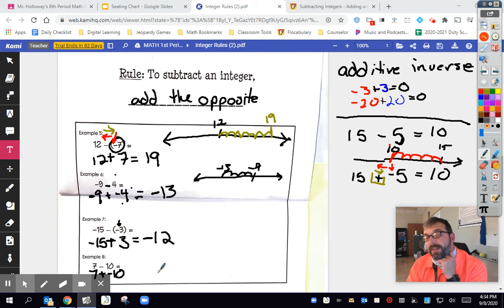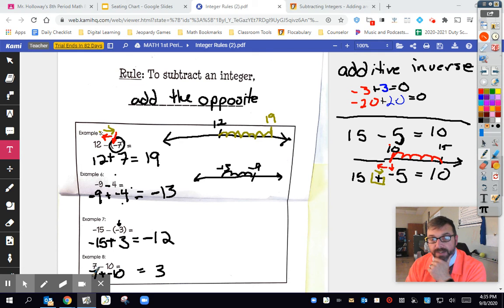So that means I'm going to use my rules for two different signs. So I'm going to subtract the absolute value. Start at 10, go down to 7, or take away 7. That leaves me with 10 minus 7 is 3. And now what sign do I use? Well, I keep the sign of the larger absolute value.